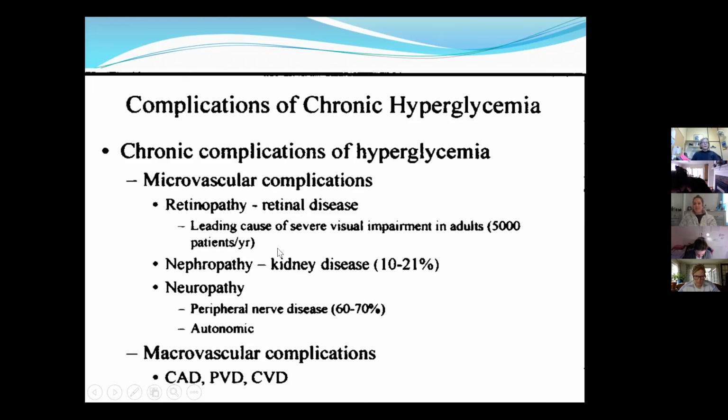Nephropathy, which is kidney disease, occurs in a fairly high number, probably as much as a quarter of all diabetics develop some degree of nephropathy, kidney disease, and resultant decrease in renal function.